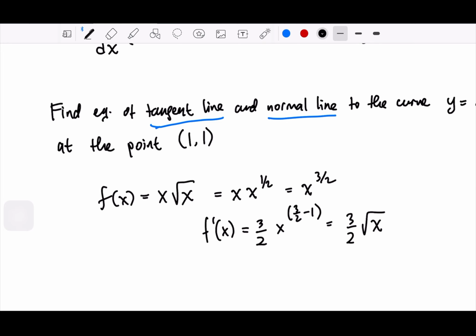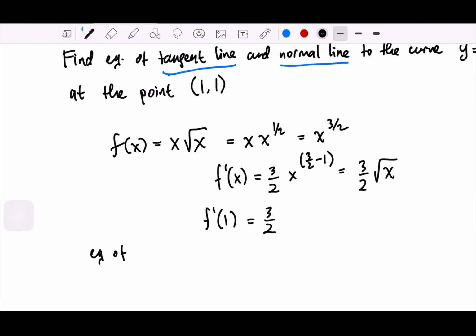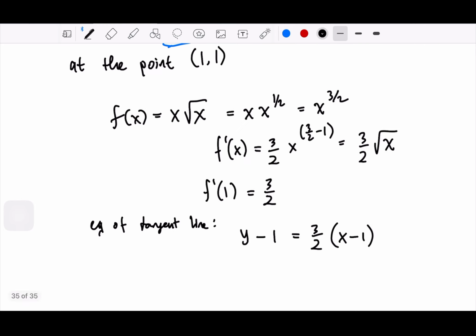So this is the slope, but then they give you the point, so this is the point you evaluate at to find the slope. The slope at 1 is 3 over 2. Now the equation of the tangent line will be y minus 1 equals 3 over 2 times x minus 1. And you can solve that.